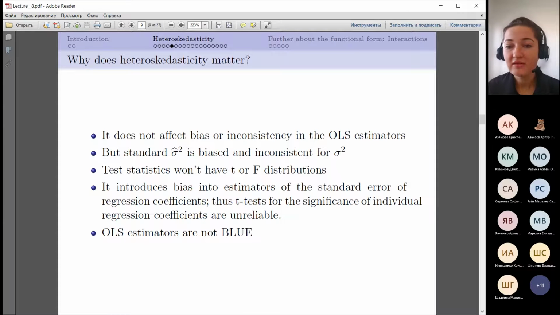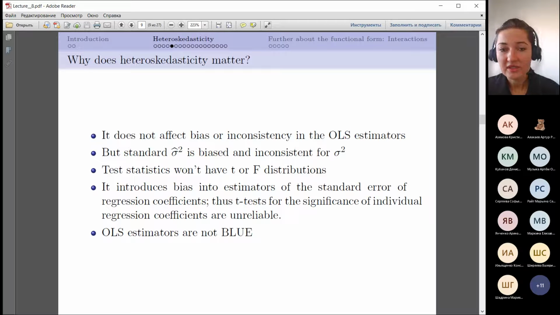And if there is no heteroskedasticity and all other ordinary least squares assumptions are satisfied, the regression coefficients have the lowest variance of all the unbiased estimators that are linear functions of your observations of the dependent variable.